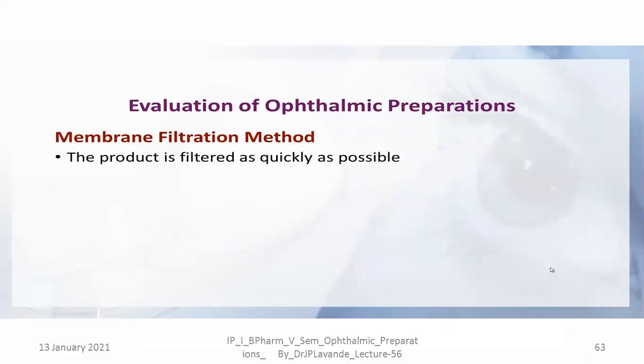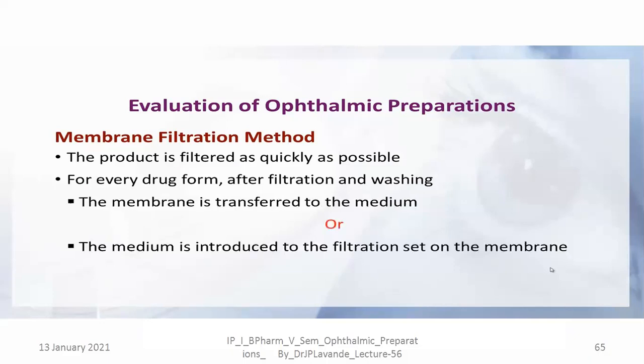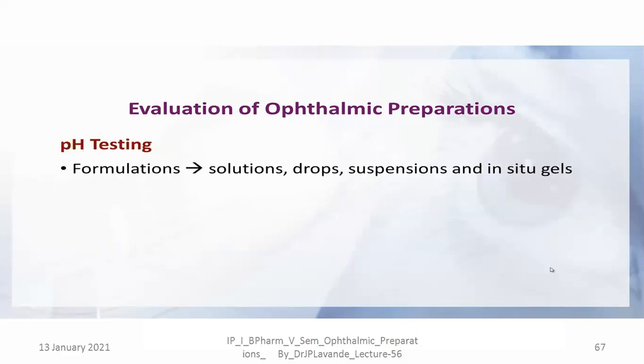The product is filtered as quickly as possible, and for every drug form, after filtration and washing, the membrane is transferred to the medium, or the medium is introduced to the filtration set on the membrane. Either process can be carried out, right? So this is the way by which one can go with the sterility process.